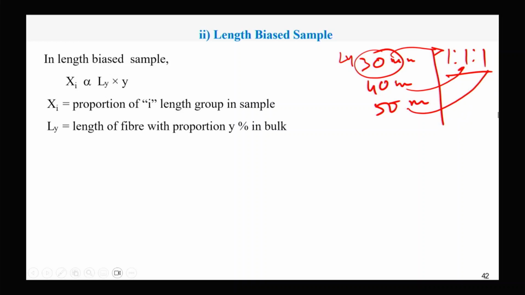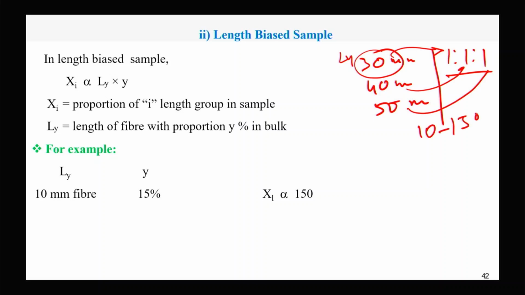Okay. Y% is there. Now let us take one example. So we have got, say, 10 millimeter fiber, 15% of 10 millimeter fiber in the bulk.